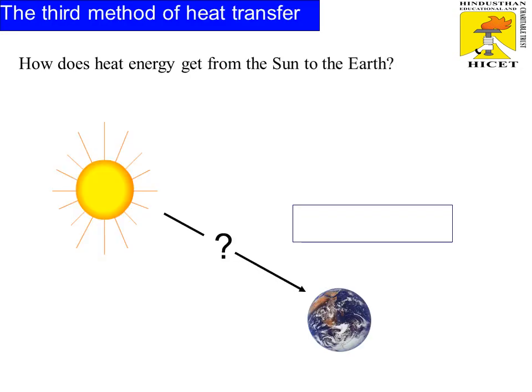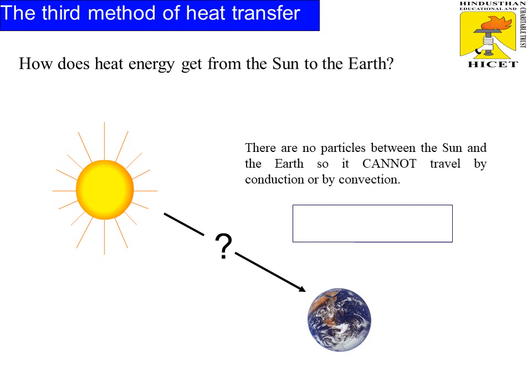The best example for the radiation mode of heat transfer is something we can see in our day-to-day life. How does heat energy get from the sun to the earth? We know there are no particles between the sun and the earth. It cannot travel by conduction or by convection.